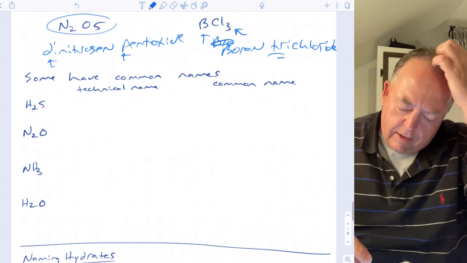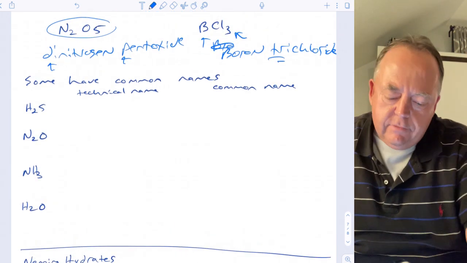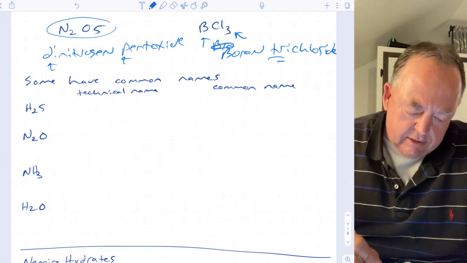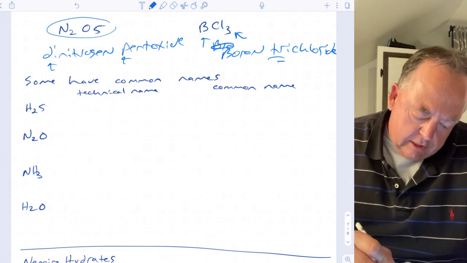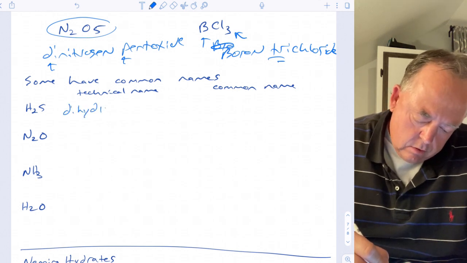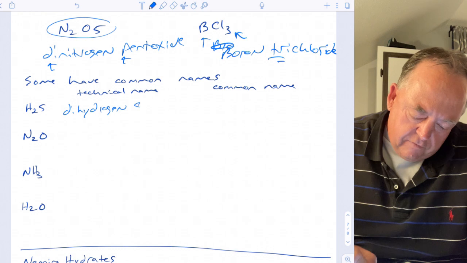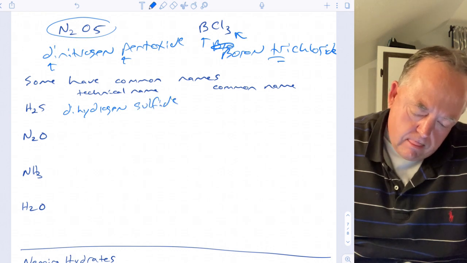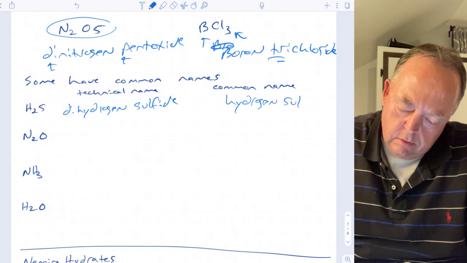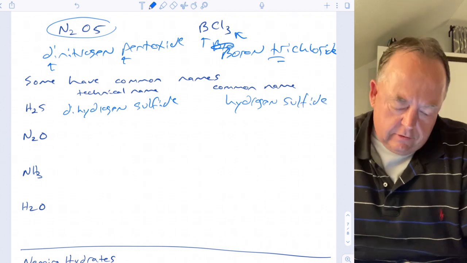Okay, so some of these compounds have trivial names or common names associated with them. So H2S is a toxic deadly gas. The technical name would be hydrogen or dihydrogen sulfide, right? Or most chemists would just call it hydrogen sulfide.